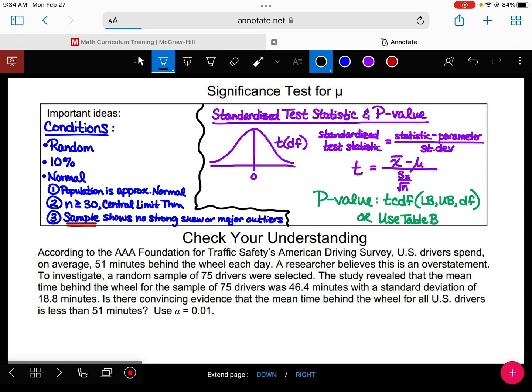Hoping that a lot of what we did today felt fairly familiar, pulling from what we did when we did significance testing for proportions, for P, and then looking at what we just did for creating intervals for means. Those two ideas kind of pulled together.